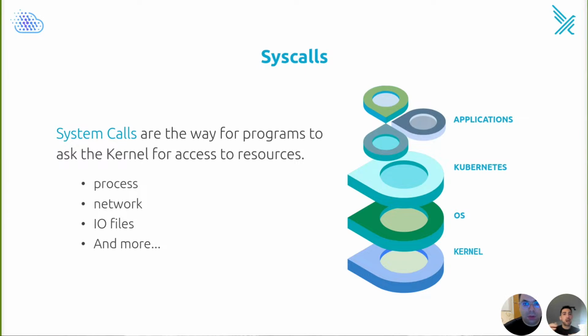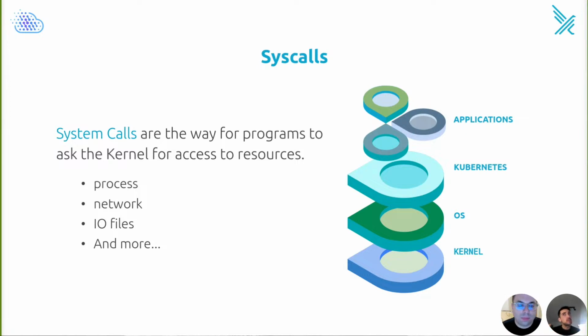The applications will ask the core of the system, which is the kernel. The kernel is in charge of telling: okay, you have access, you do not have access, wait for your neighbor because he's writing or reading that exact same block, that exact space of memory. All these calls are made through what we call system calls.